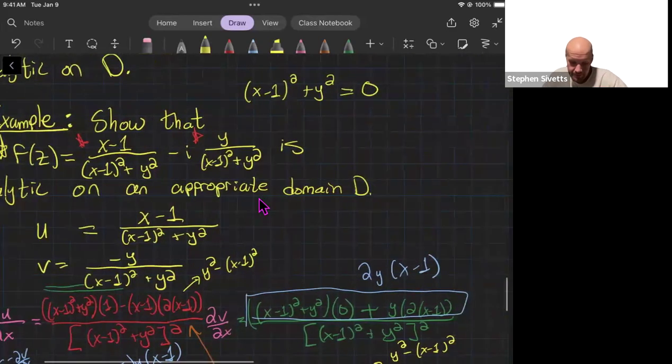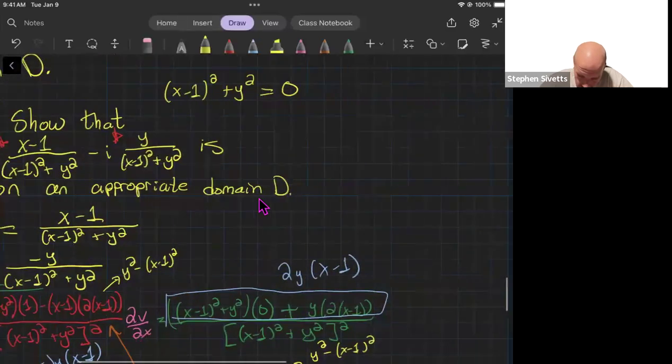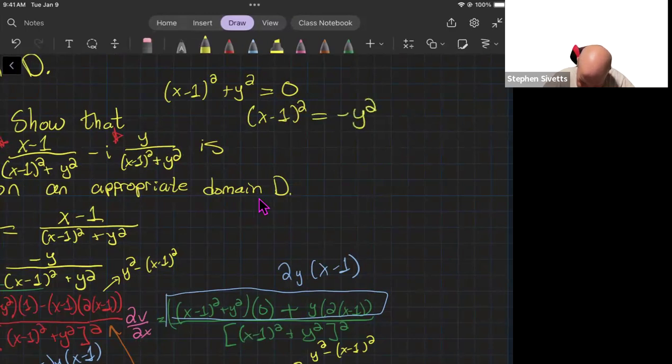Okay. The equation of a circle, right? x minus 1 squared plus y squared cannot equal 0. So therefore, I should write it out like this: x minus 1 squared cannot equal minus y squared, right?